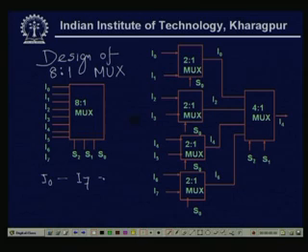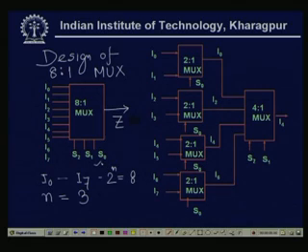So, my 2 to the power n equal to 8, so n equal to 3. So, I need 3 control inputs. In this way I choose how many control lines or how many select lines will be there. So, 8 inputs I0 to I7 and there are 3 select lines.